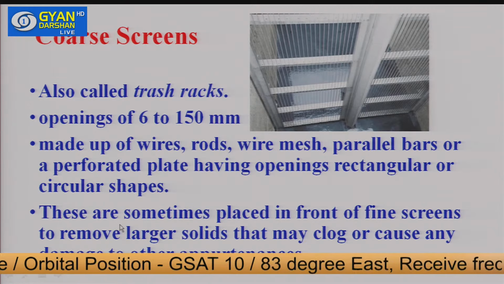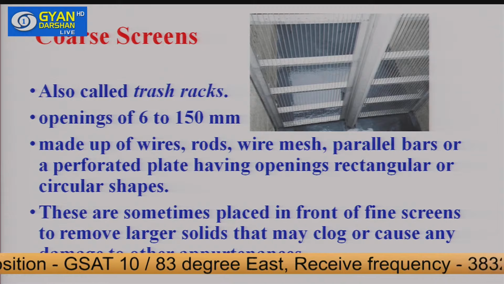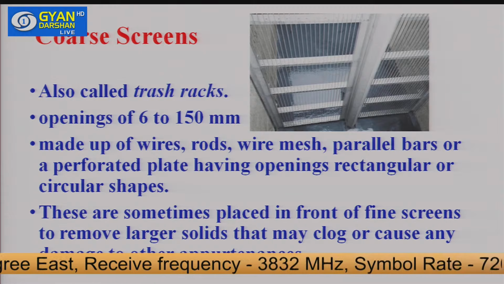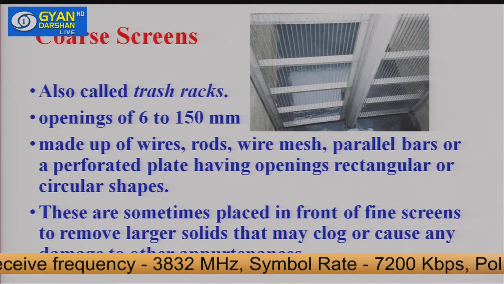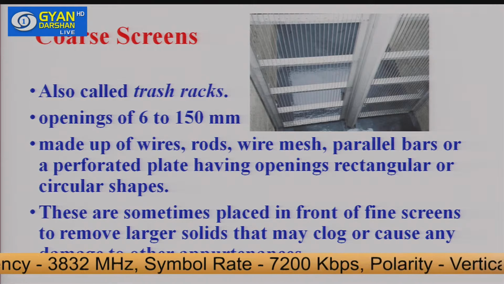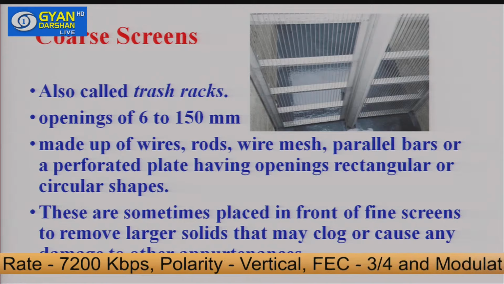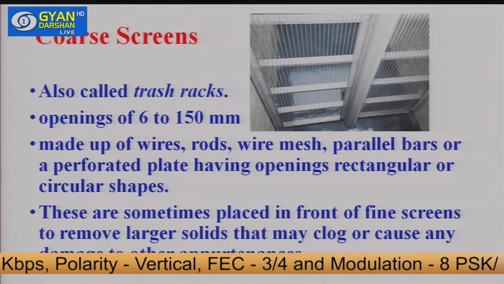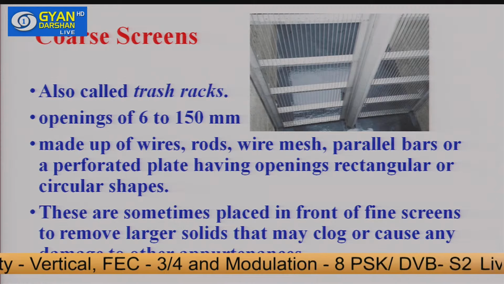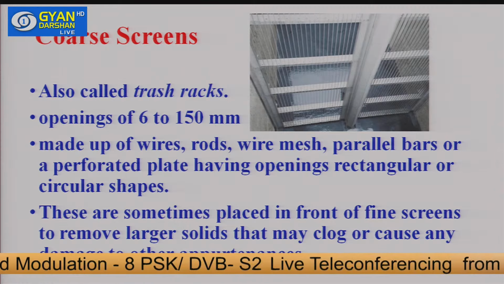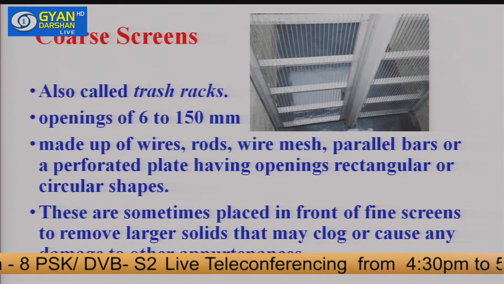These are sometimes placed in front of fine screens to remove larger solids that may clog or cause damage to other appurtenances or equipment. So, to safeguard other equipment, these screens are placed in the water channel so that any bigger floating object is trapped and removed from the water.